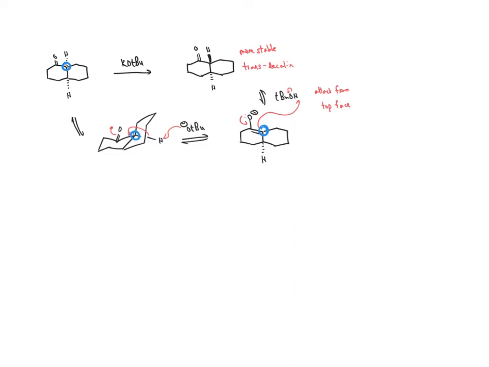Okay, the second consequence of keto to enol tautomerization is the isomerization of non-conjugated enones into conjugated ones.